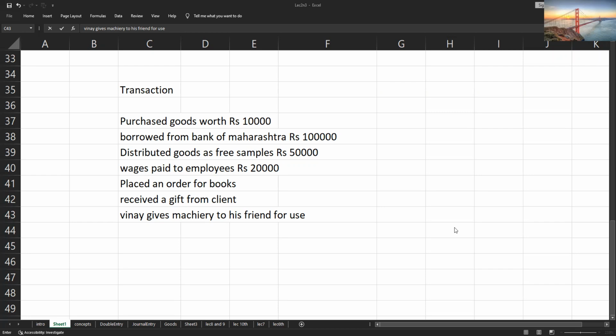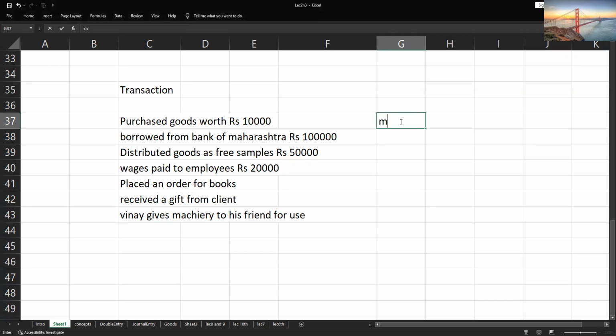Now there are two types of transactions. One is monetary and one is non-monetary. So the first one, let's name it as monetary, because I can clearly say goods are purchased for rupees 10,000.